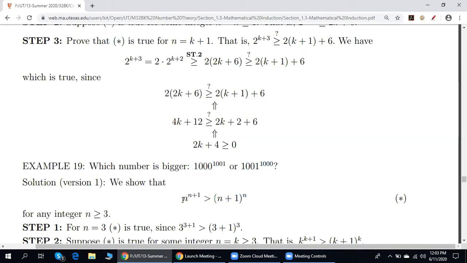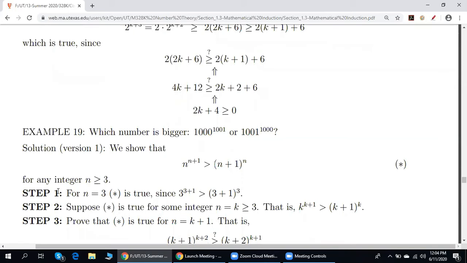Conclusion: if we prove this for any integer n greater or equal to 3, we will be able to come up with the following conclusion: this is greater than this. So how do we prove this inequality?